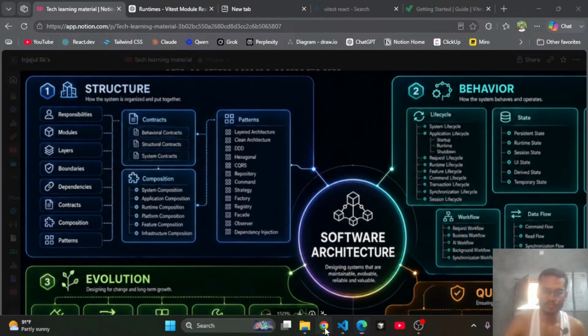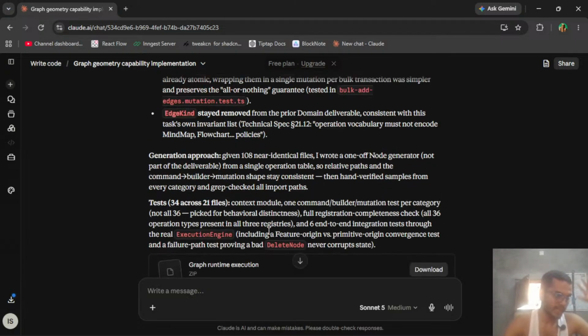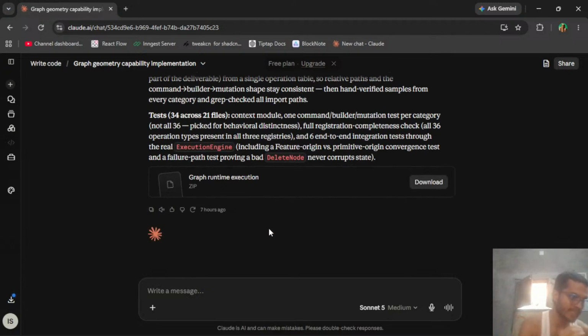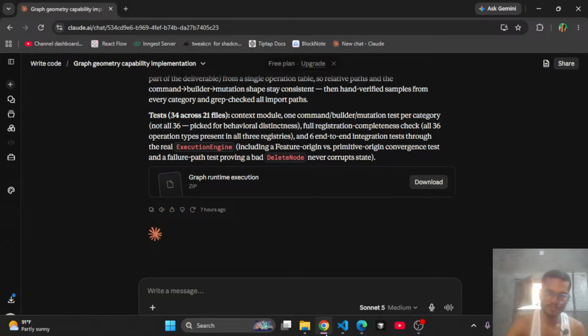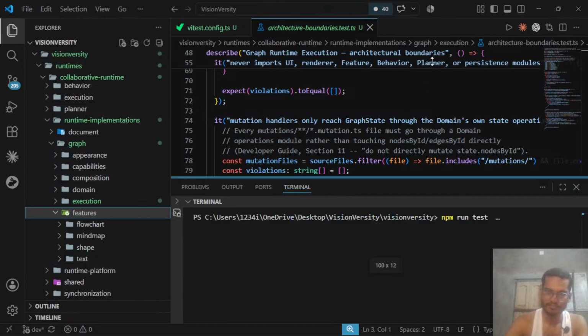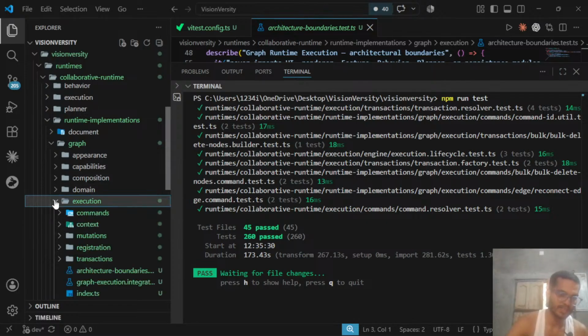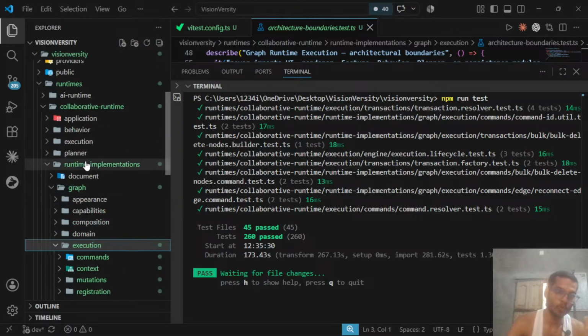In one prompt, look at it, Claude generated the entire code base without creating any bugs. The proof is I passed 260 cases. This entire execution is written by Claude, and it's totally aligned with my other code base.